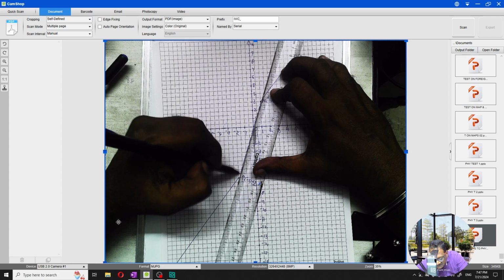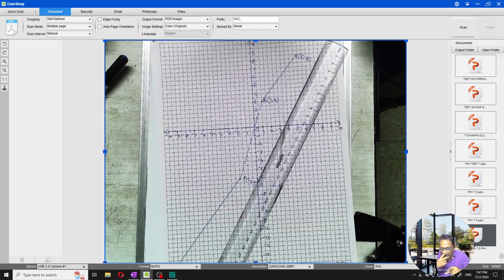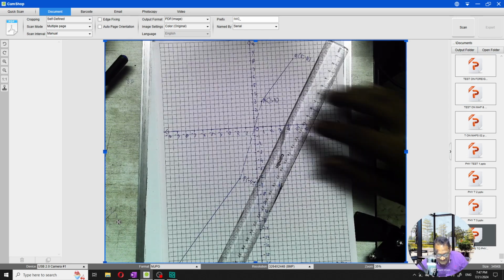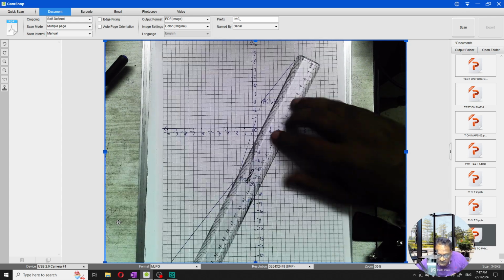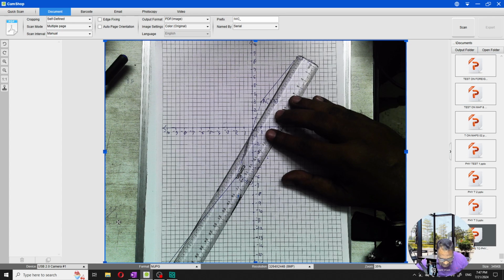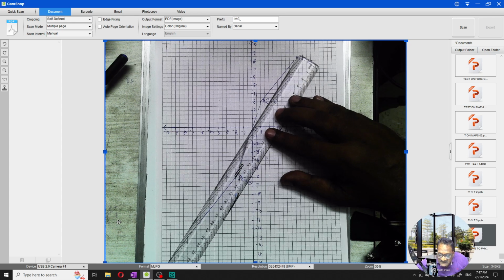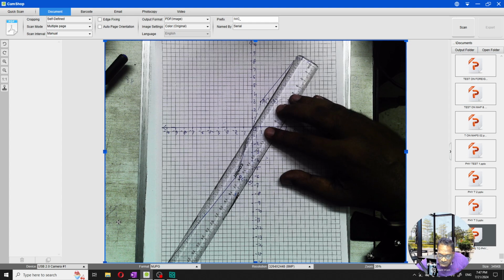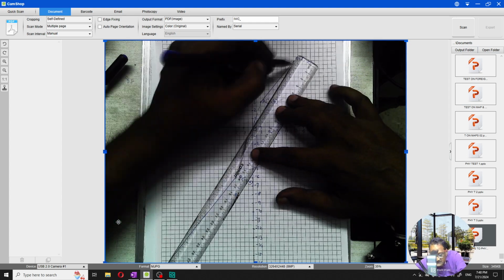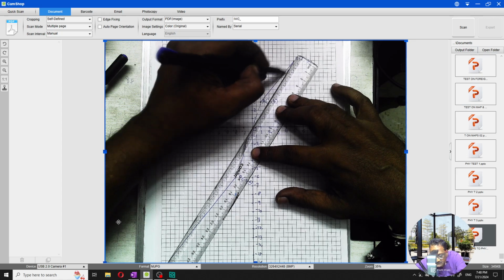Same thing I'm going to do with the other 2 points, that is B and Q. B and Q are also the corresponding points of the object and the image. If I join them, this is that line I'm getting. Can you see that?